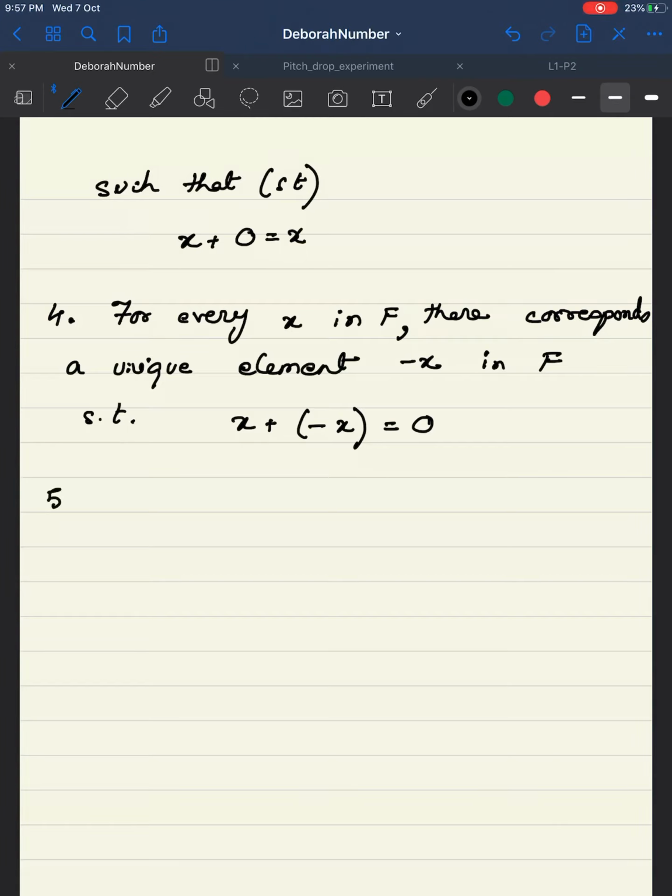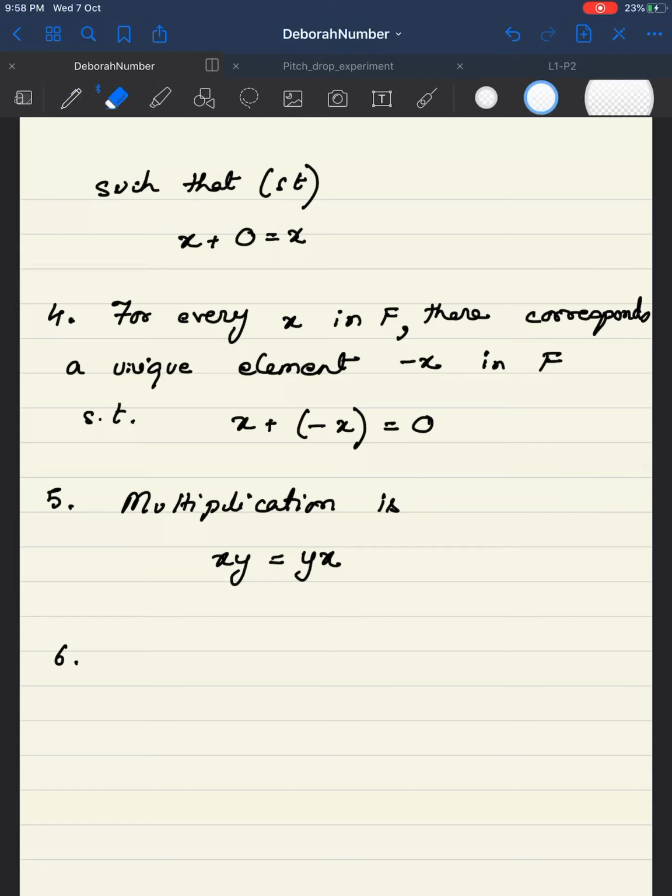Okay, now let us set up the rules for multiplication. So we are done with 4 rules. Now we will have 4 rules for multiplication, and no surprises here. We are going to follow the same order. Multiplication is commutative, which means xy is equal to yx. Sorry, I made a mistake earlier.